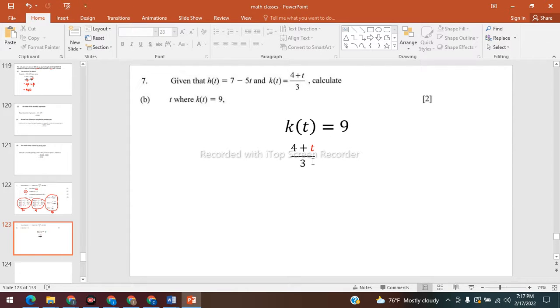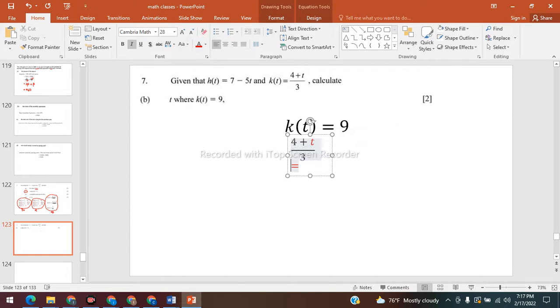So we just put that there. And we're saying that this whole thing is supposed to be equal to 9. That's what it's saying. So it's not saying substitute 9 for t. That's not what it's saying. It's saying let k of t equal 9. And the way you know the difference is that it didn't have the 9 in the bracket. It had the 9 on the outside.